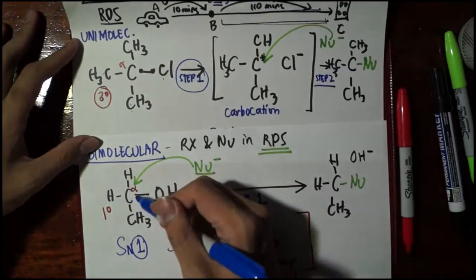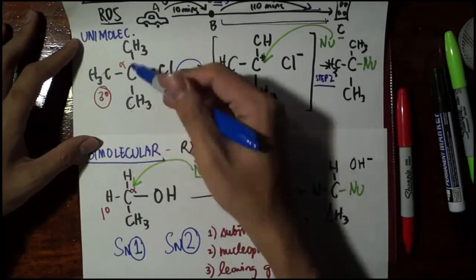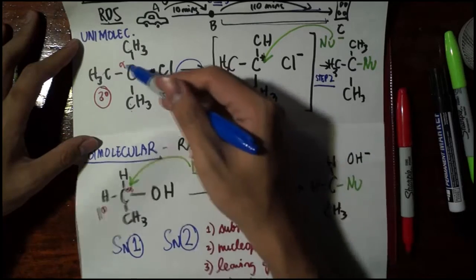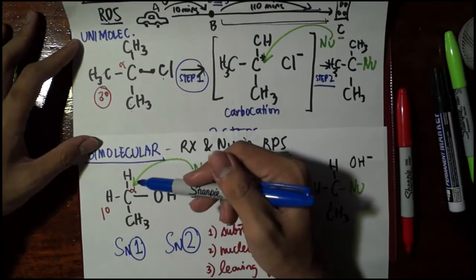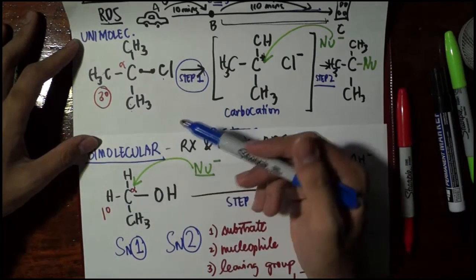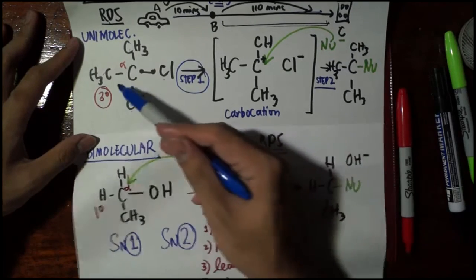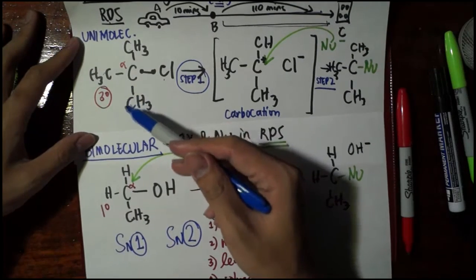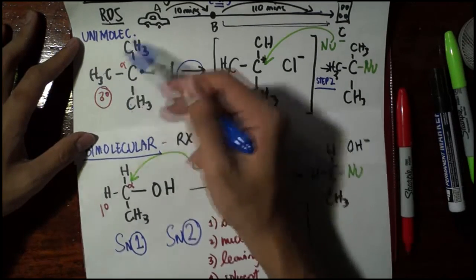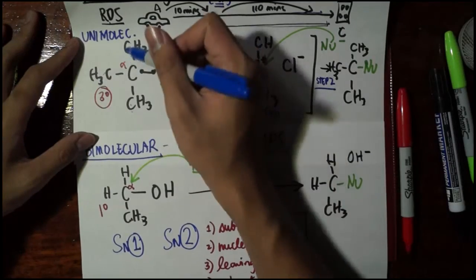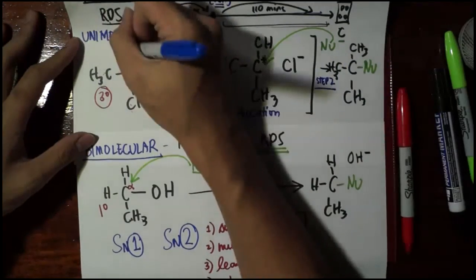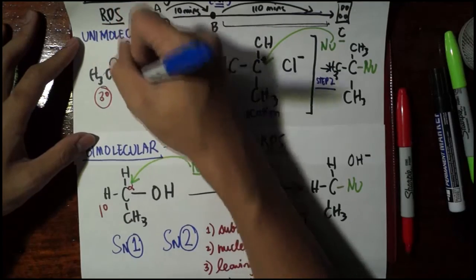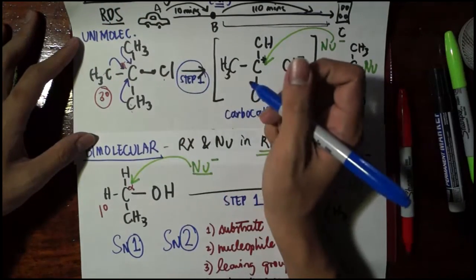Which of the two alpha carbons here is more stable? The tertiary or primary? If you say tertiary, then you're correct, because remember, the more carbons there are attached to the alpha carbon, the more stable it is, because these carbons would donate electrons to the alpha.